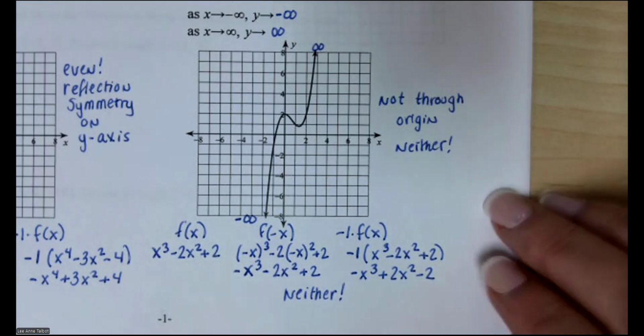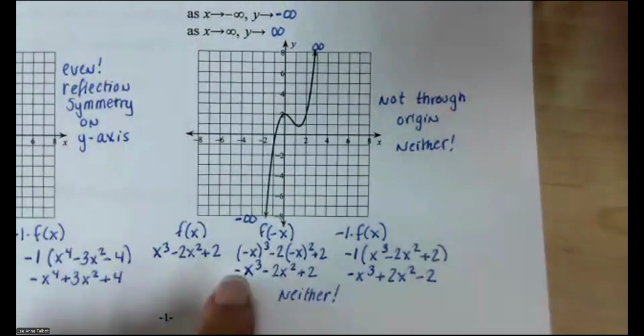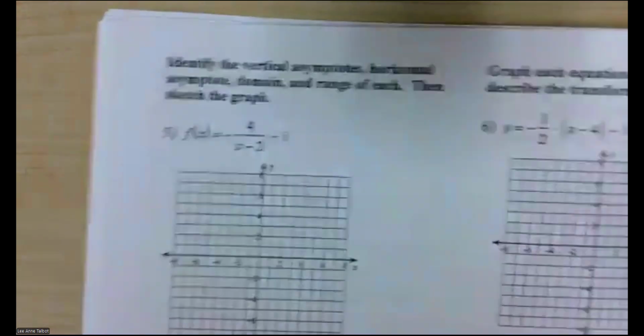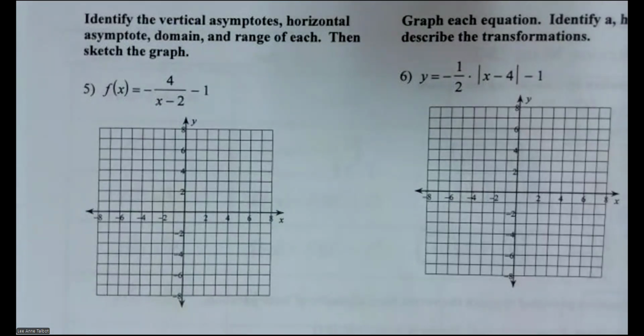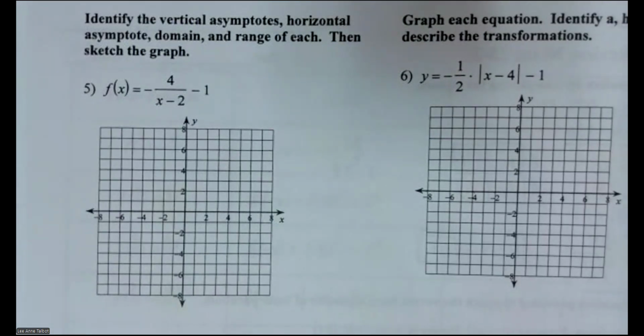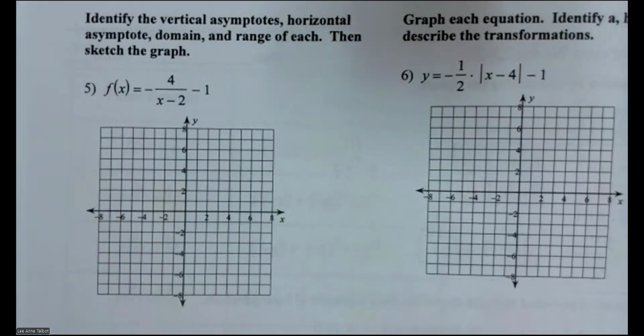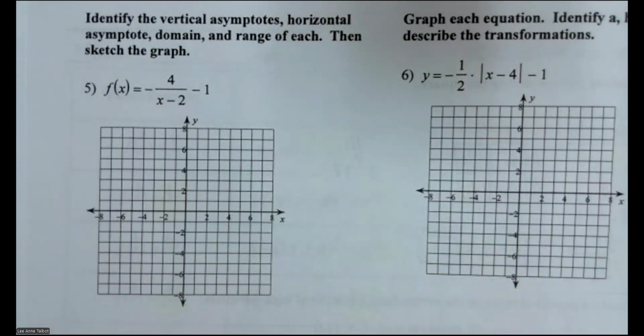Okay, second page. Okay, this is a rational function. We're going to just sketch it and talk about what matters here and what doesn't matter here. They're named on the blue sheets.